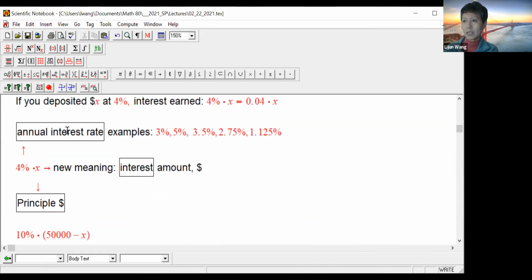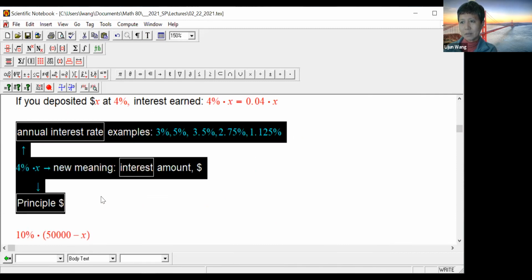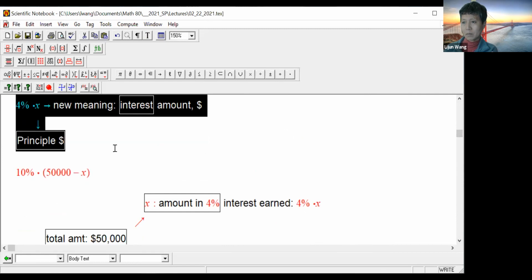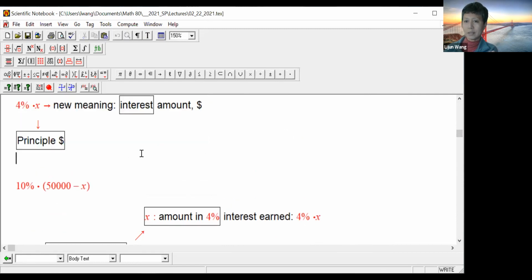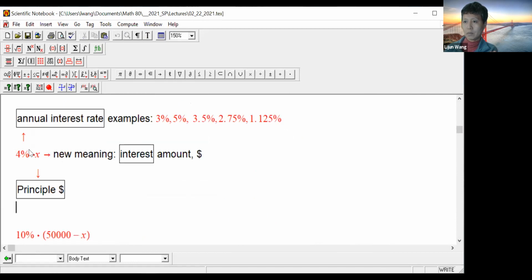I want you to mark it the same way I marked the 4% times X, and to put down the word in your notebook. 2 minutes. The meaning of 10%.